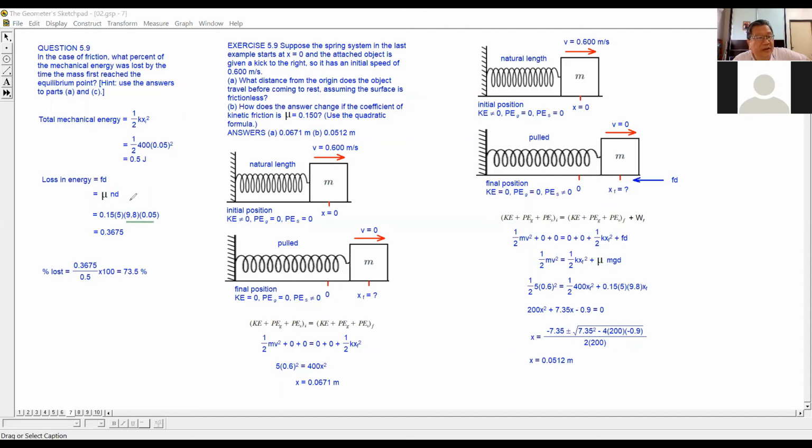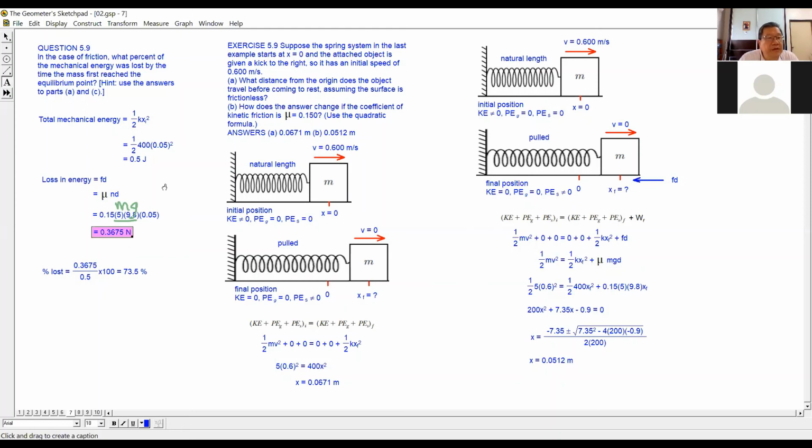This is the m, this 9.8 is the g, so this is the normal reaction. So the loss in energy is the frictional force multiplied by the distance moved, 0.15 mg times the distance moved. When you calculate all this, the energy lost is 0.3675 joule.